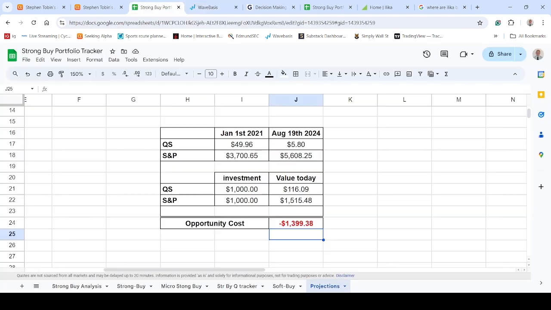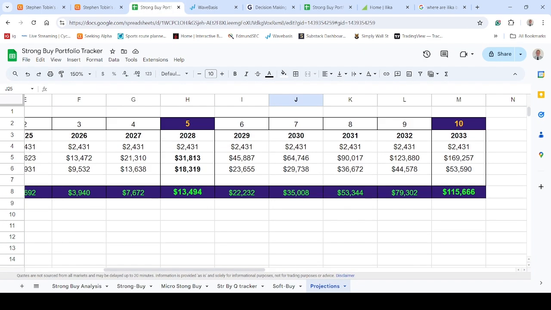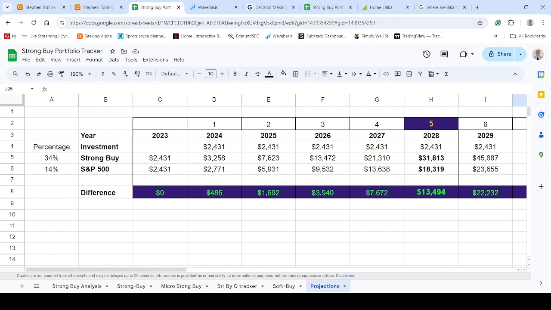If we look at how that responds in my portfolio, we're here. In 2023, I invested $2,431 in my investment. I could have invested it in the S&P. In 2023, I recorded a 34% return on my strong buy portfolio. The S&P only 14%.